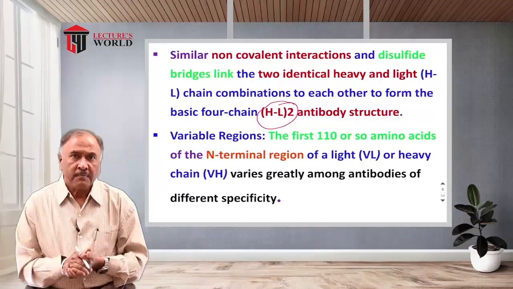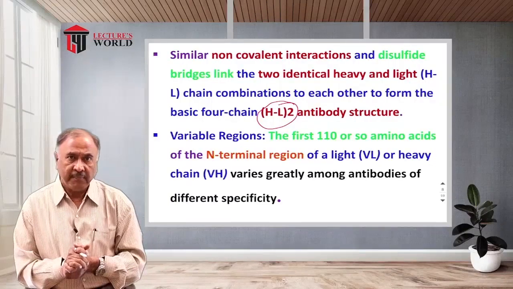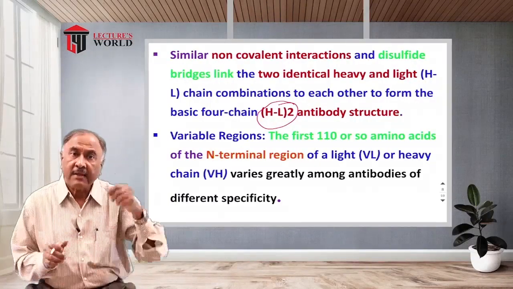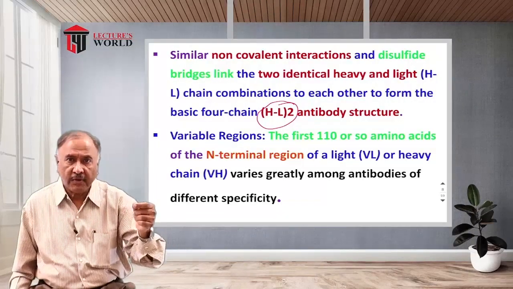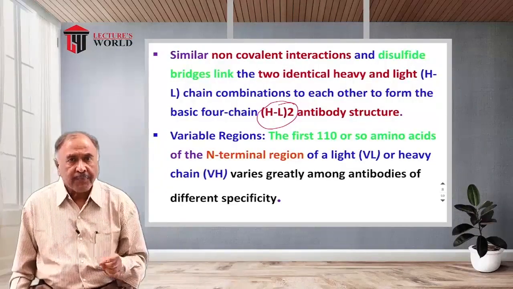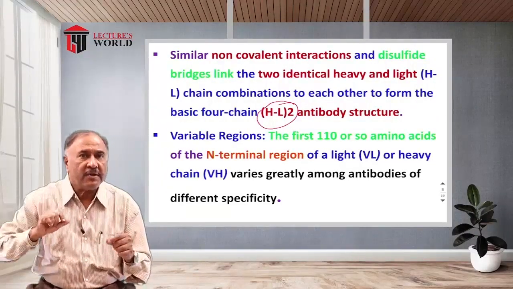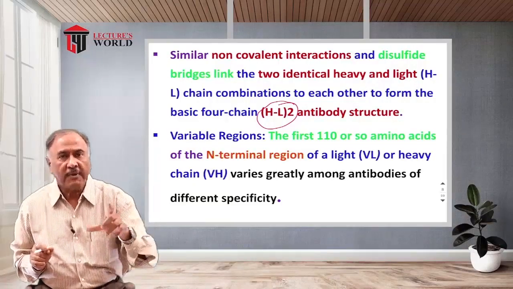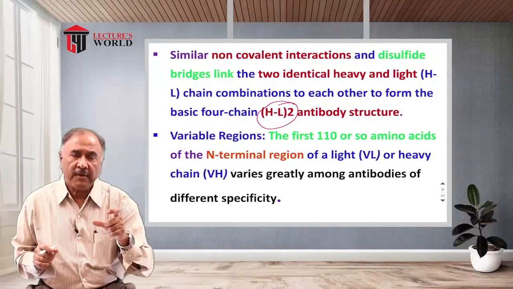I just told you at the top of the arm, but in scientific language we can say at the N-terminal region, NH3. Because when there is a peptide, there are two ends, one is N-terminal and the other is C-terminal, because peptides, as I have told you, are made up of amino acids, and amino acids bind with one another.